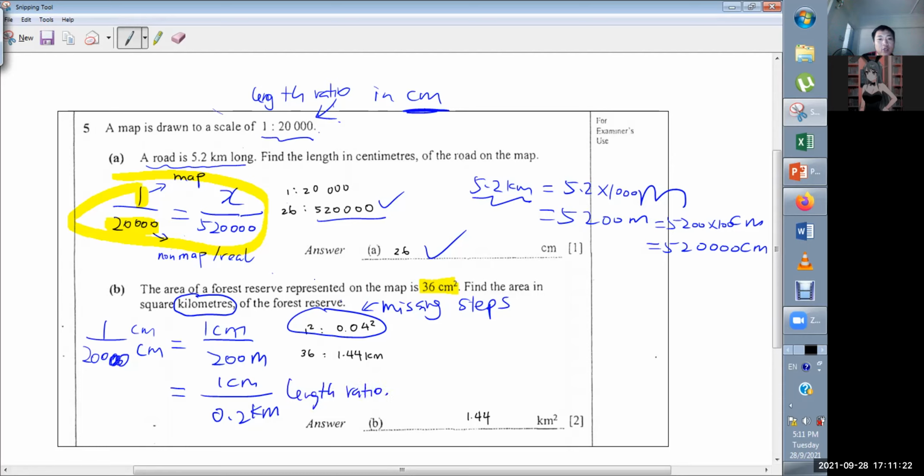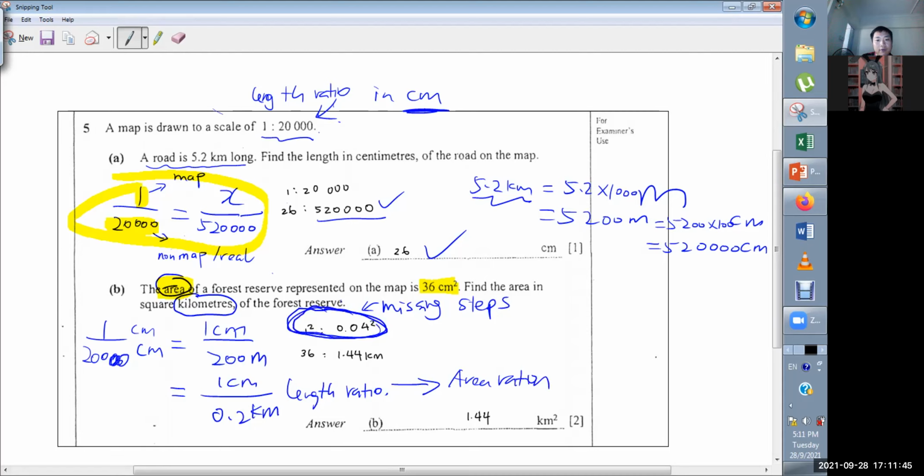Once you have the length ratio, over here they talk about area, right? Can you see they talk about area? So if you have the length ratio, you just need to get the area ratio. How do you get the area ratio? From length ratio, you square it. Very good.